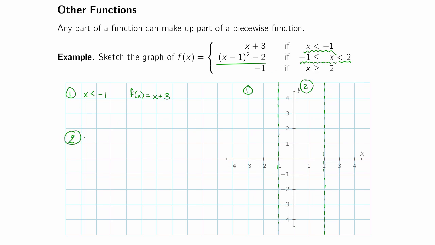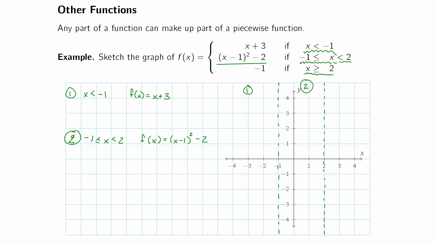Piece number 2 runs from -1 to 2, and that uses our quadratic piece. And to graph a quadratic, we need the vertex and 2 points. So I'm actually going to leave myself 3 spaces there.